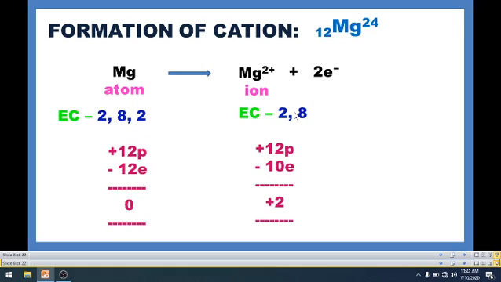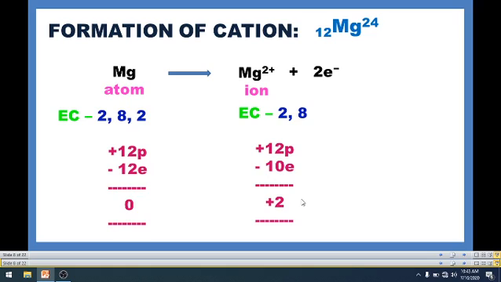Then only can it achieve the noble gas configuration, the neon configuration 2, 8. So magnesium loses 2 electrons and forms a magnesium ion. So plus 12 protons minus 10 electrons, therefore plus 2. Magnesium attains 2 positive charges. So a magnesium atom by losing 2 electrons forms a magnesium ion.